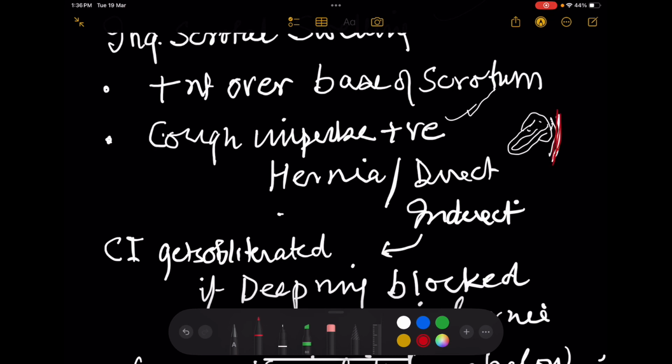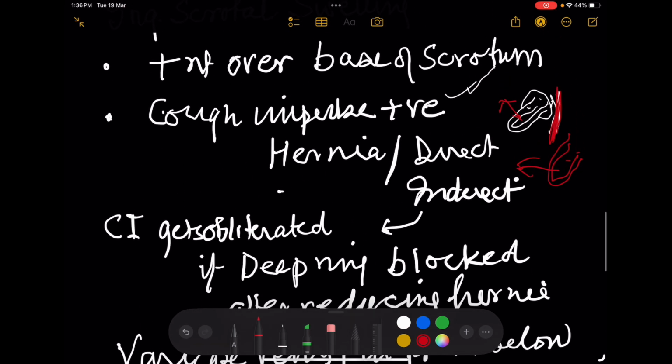So it can be lateral to the inferior epigastric artery, or it can be medial to it. So this is called an indirect hernia, and this is called a direct hernia. Hernia can be of 2 types, and the cough impulse will be positive.